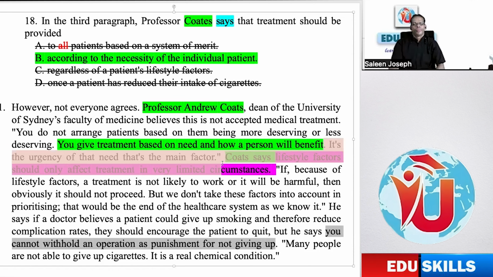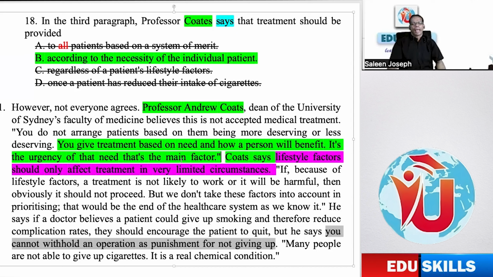It is the urgency of that need that is the main factor. That is the main factor, then secondary factor, third factor; a scale is used. You understand? Yes, Father. So that is stressed again: according to the necessity, the need and the urgency.